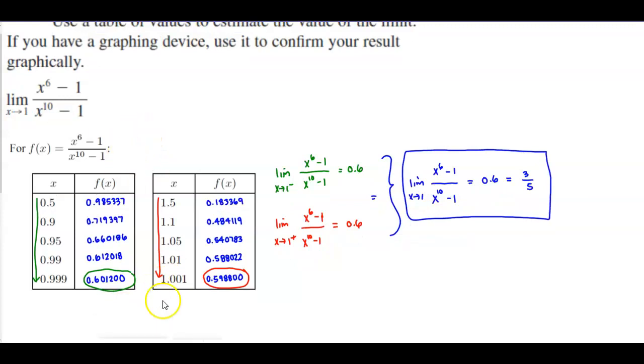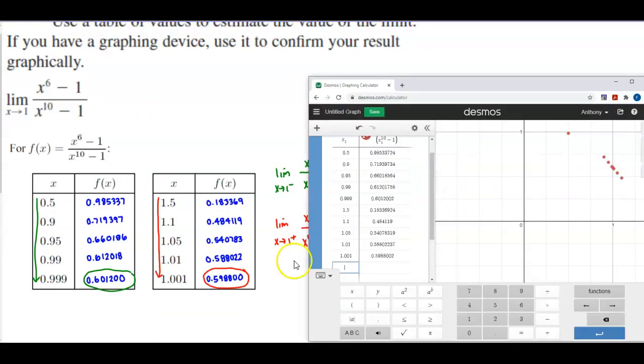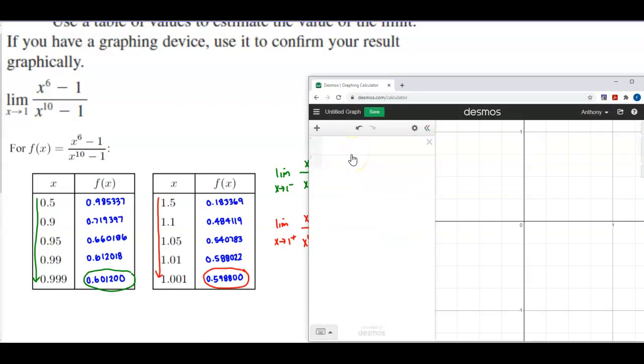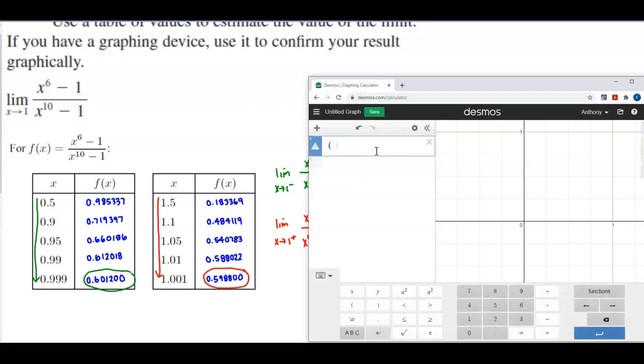Well, let's go ahead and confirm this on our graph. So we have x^6 - 1 divided by x^10 - 1.